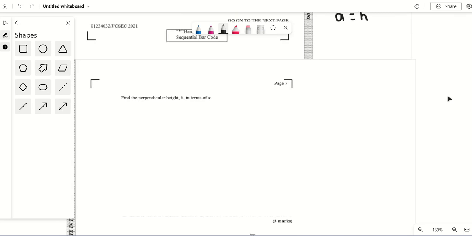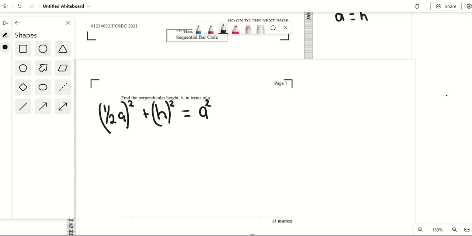Right, so let's put that down here. So we know that it is a right angle triangle. So we can say a half A all squared, which is one of the sides, plus H squared, which is your next side, is equal to C squared, right? But in this case, your hypotenuse is A squared, right?